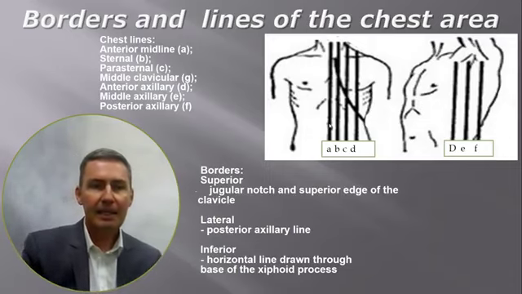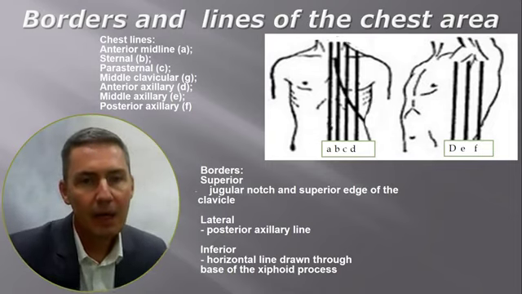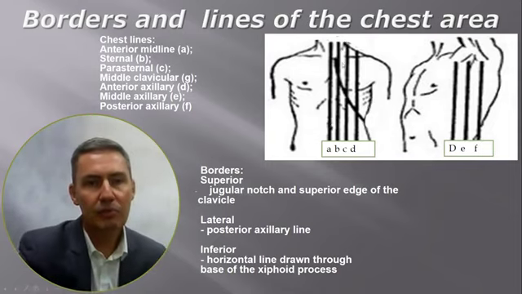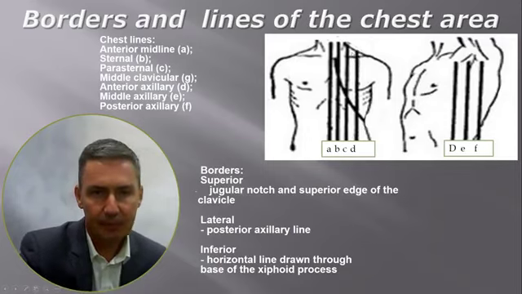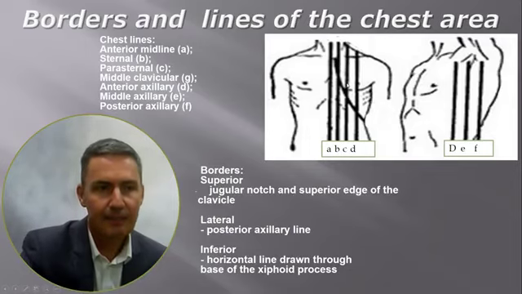Next line is the sternal line, which passes along the lateral border of the sternum. Then we have the mid-clavicular line, which passes through the middle of the clavicle, and the parasternal line, which is located approximately at the middle of the distance between the sternal and mid-clavicular lines.